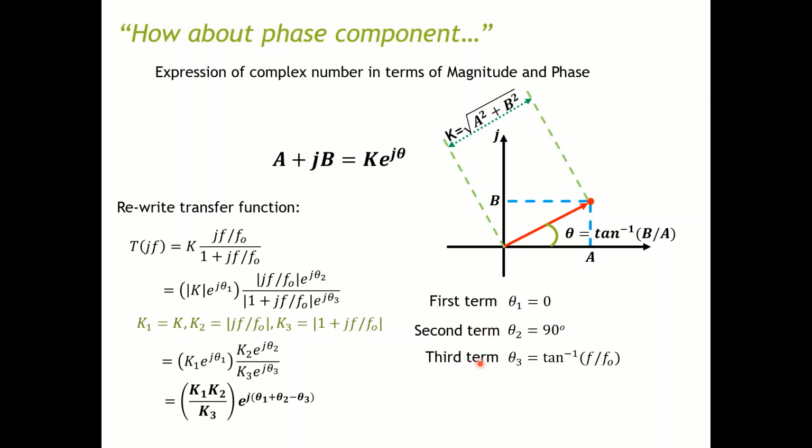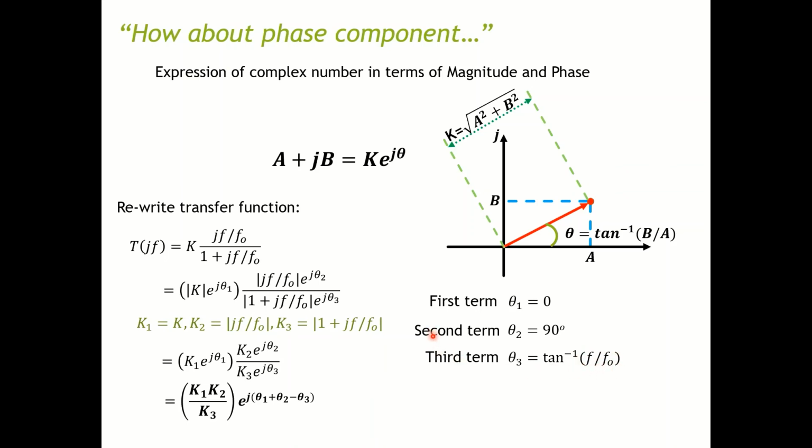The third term is a little bit more complex. Now you have to apply this rule here. You have theta 3 equal to inverse tan of b over a, so it's f over f naught divided by 1, which is f over f naught.